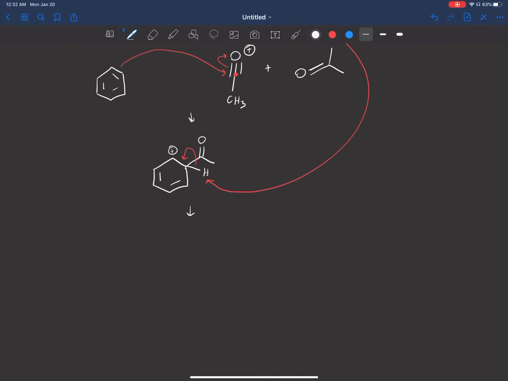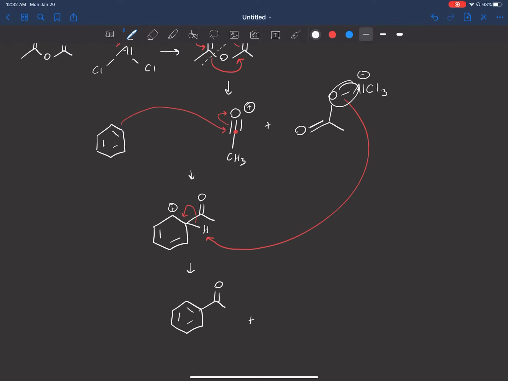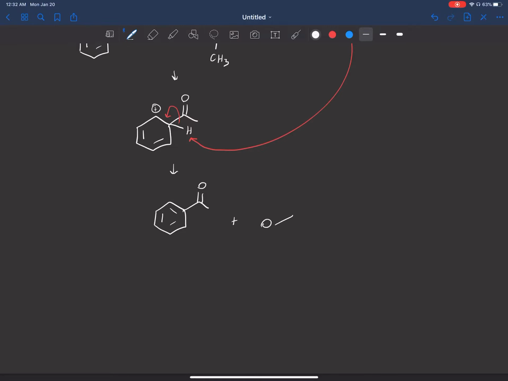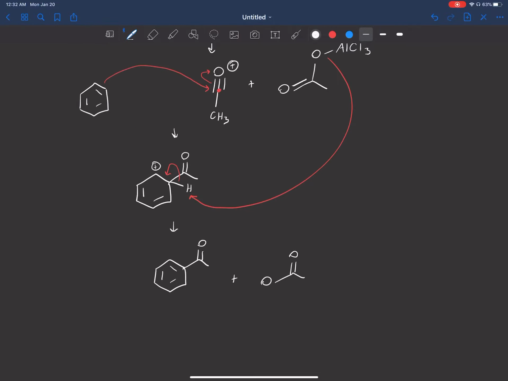So what do we get as our products? Here's our benzene, and we added this ketone. Plus, what we showed here is that bond disconnected from AlCl3, stayed connected to the oxygen and grabbed the hydrogen. And we still have the rest of this compound, so we're going to have this. Oh, my bad.